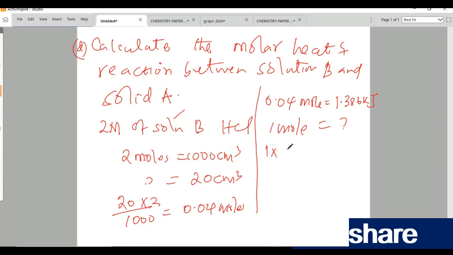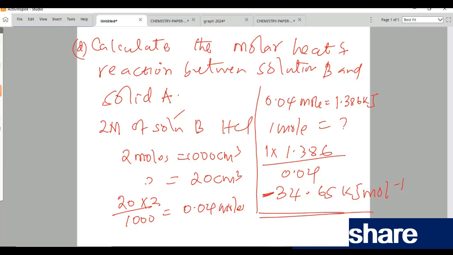It is 1 times 1.386 divided by 0.04, and that one will give you 34.65 kilojoules per mole. Because the reaction was exothermic, you remember to indicate that it is negative, and that is all you need to calculate.